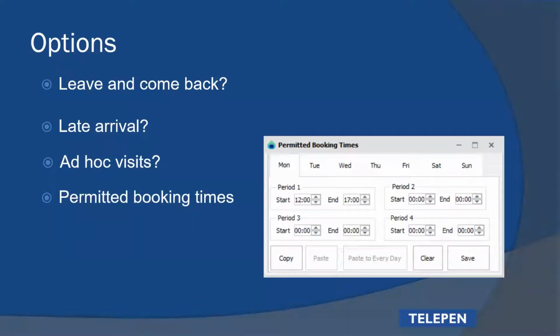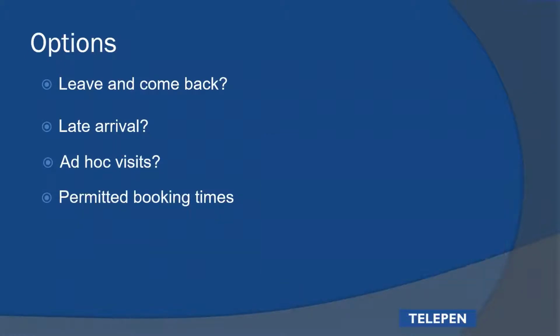There are 4 periods throughout the day, and it's a rolling 7-day calendar. And then the system works alongside the maximum occupancy that you've got configured within Sentry, so you can be absolutely sure that you're never going to exceed your maximum occupancy at any point.